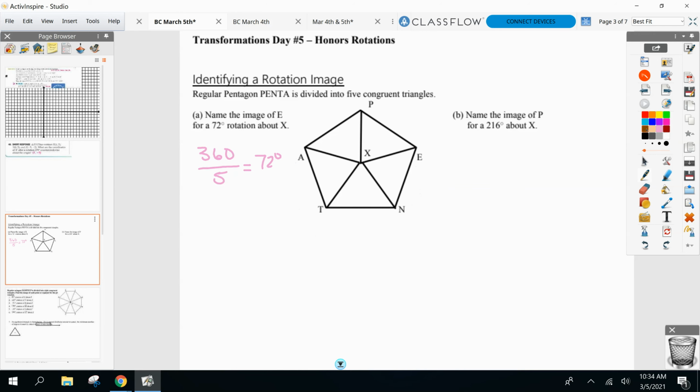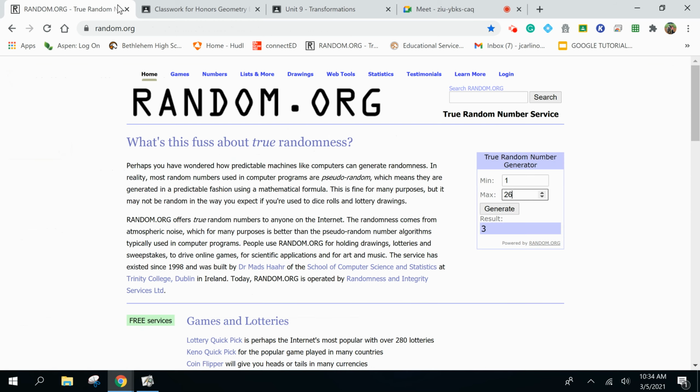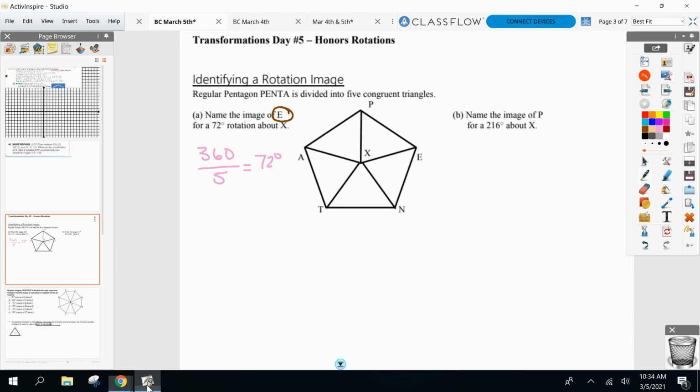So if I start at point E, 72 degrees. Is that clockwise or counterclockwise? Because I didn't write it in, but we should know by now. Counterclockwise because it's positive 72. Perfect. So if I start at point E, go counterclockwise 72 degrees, that brings me to vertex, Hannah, what do you got?